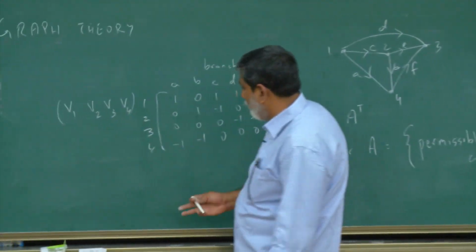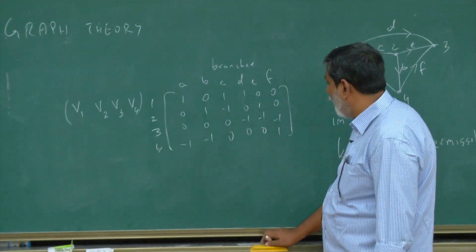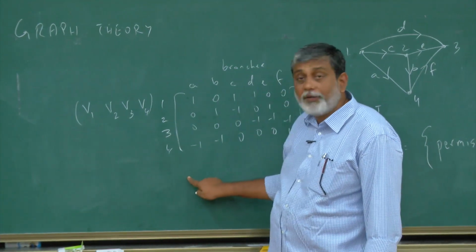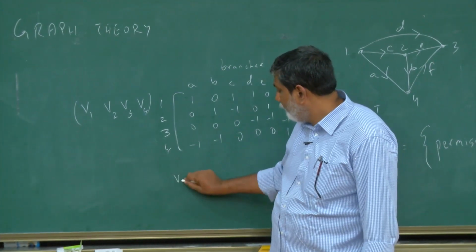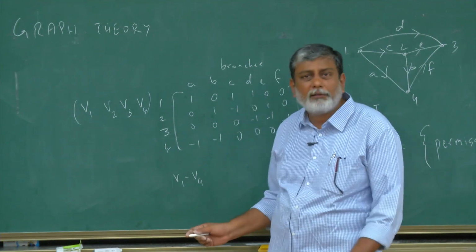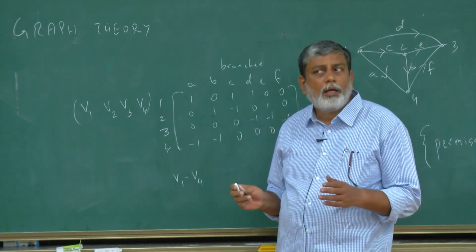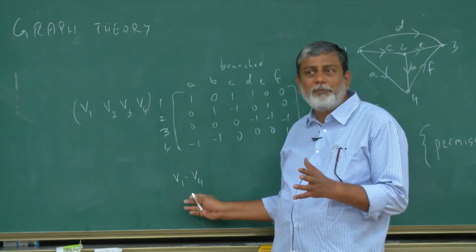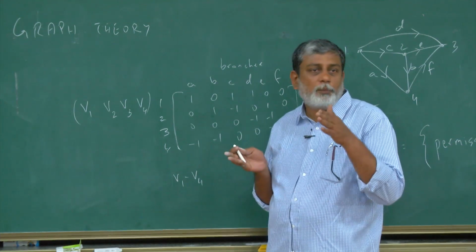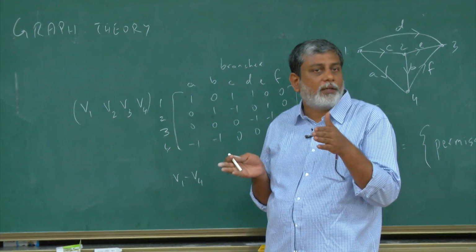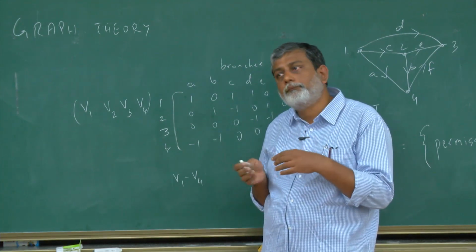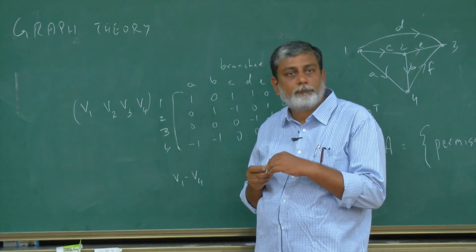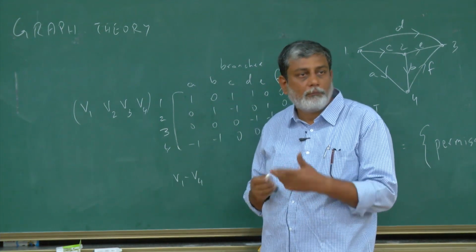Now if you multiply this, what do you end up getting? In the first entry you will get V1 minus V4. What is that? No, what is V1 minus V4? It is the potential drop across branch A. Okay?